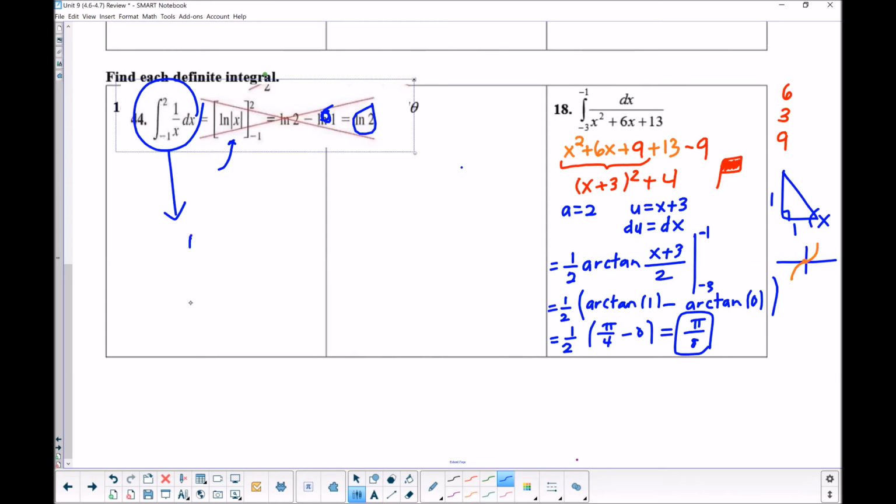In fact, I think the graph of 1 over x looks like this, doesn't it? So what we're actually trying to do in this problem is integrate from there to here, and we have this infinite sort of space that we have to contend with when we find area. So this is a problem.